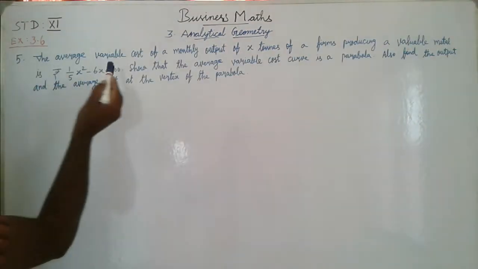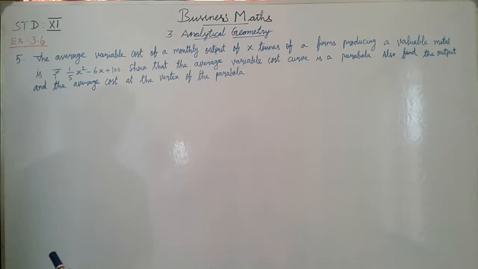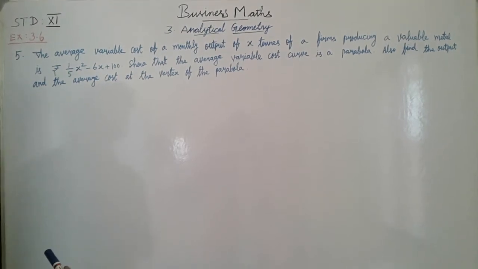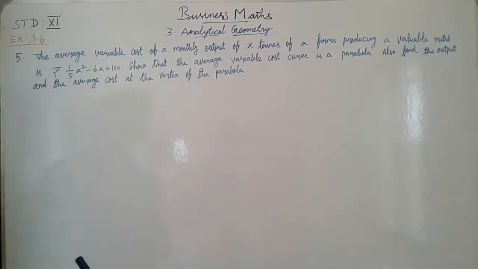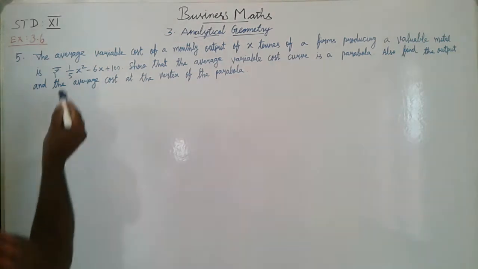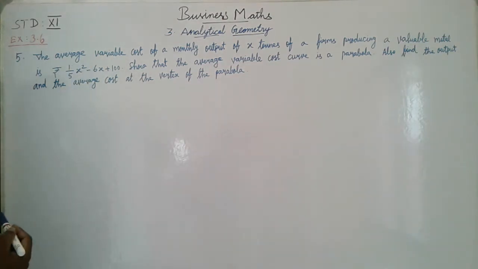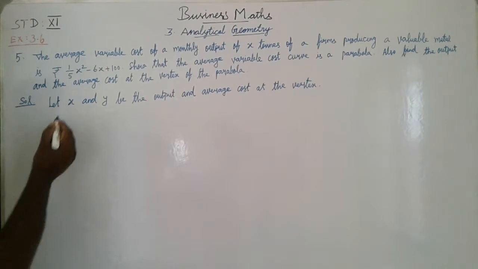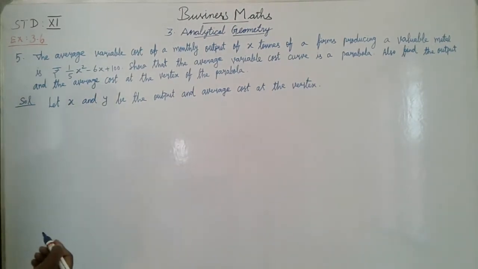Fifth sum: the average variable cost of a monthly output of x tons of a firm producing a variable metal is rupees 1/5 x square minus 6x plus 100. Show that the average variable cost curve is a parabola. Also find the output and the average cost at the vertex of the parabola. Let x and y be the output and average cost at the vertex.